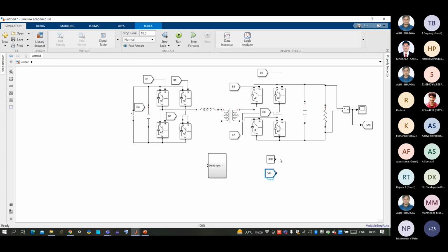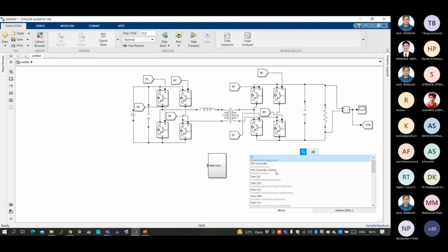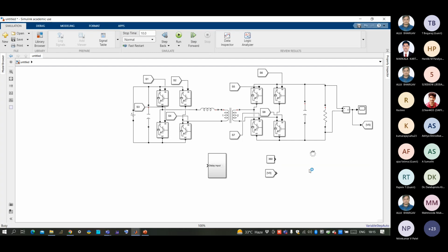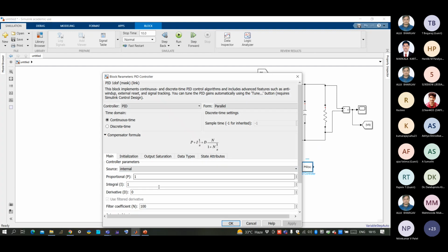So in order to maintain this control, in order to maintain 360, I require some controller. So I'm choosing a PI controller. So I require only PI, not D. So I'm making one.